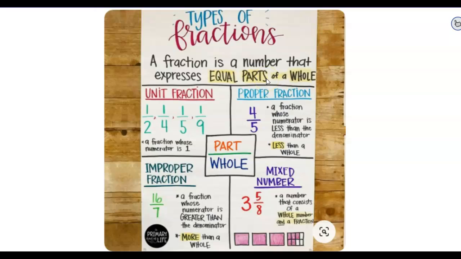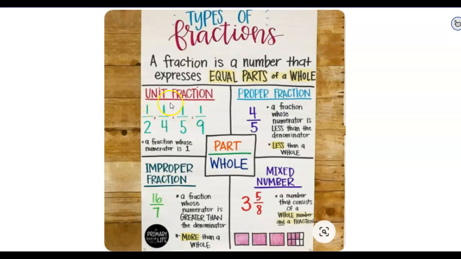Those parts have to be the same size, but then when we're comparing two wholes of something, let's say if I'm comparing 2/4 of a pizza and a half of another pizza, trying to figure out which is bigger, then the two pizzas have to be the same size also. Those are important keys to remember.